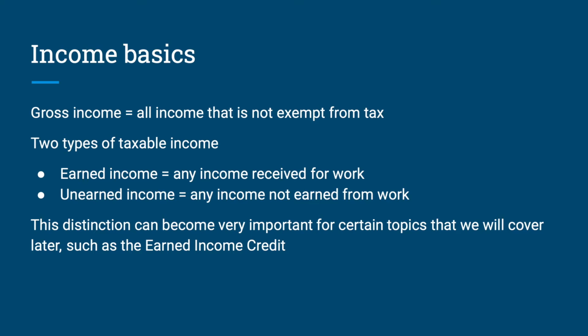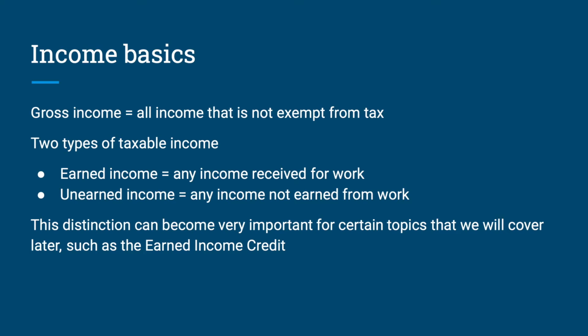And so within the context of taxable income, which is income that is subject to tax, there are two main classifications that we think about. The first one is earned income, and that is any income that is received for work. So these are your typical wages that you would receive at a job, as opposed to unearned income, which is any income not earned from work.